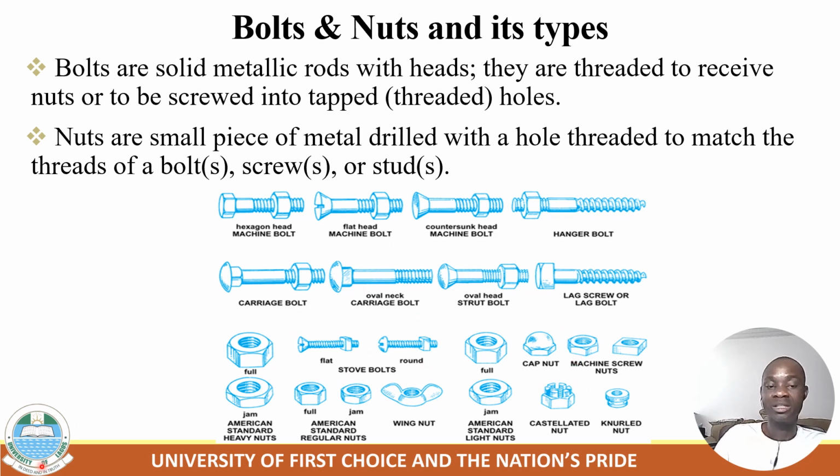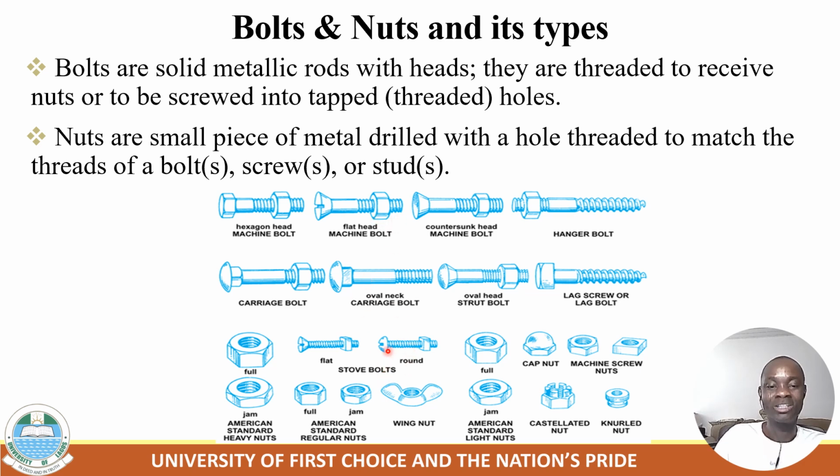It can easily couple materials together and disassemble them. Assembly and disassembly are very easy. The tool used for the bolt and nut is a spanner. Some that have this type of head are driven with a screwdriver, whereas the nut uses the spanner to drive them in and out.